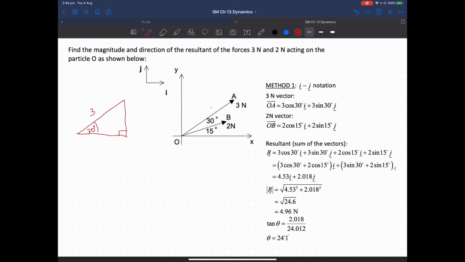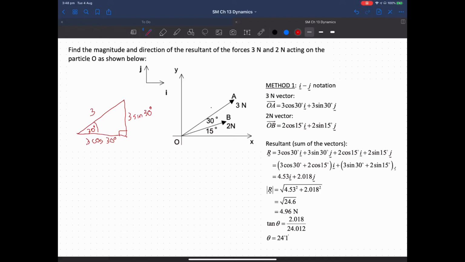So the length of that side would be 3 cosine 30 degrees. We know the vertical component is the opposite side on that right angled triangle.